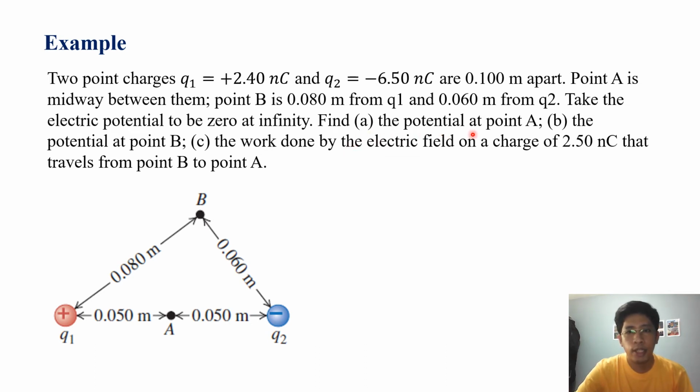Find the potential at point A, the potential at point B, and the work done by the electric field on a charge of 2.50 nanocoulombs that travels from point B to point A. So you're asked of the following: the potential at point A here, the potential at point B, and then the work done as a charge of 2.50 nanocoulombs moves from point B to point A. So this is the problem for this figure here.